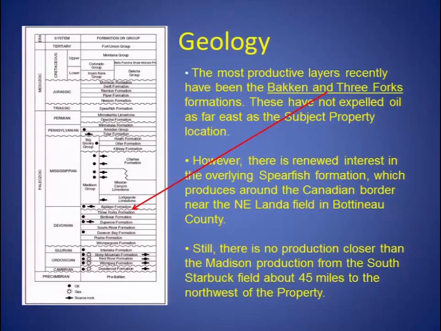However, there is some renewed interest in that general area in the Spearfish formation up here, which has some sandy members, and that is indeed also producing around the Canadian border and also up in the Bottineau County area. But there's still no closer production to the property. The closest is a Madison, here this is the Madison group, and there's some Madison production from the South Starbuck field, which is about 45 miles to the northwest.